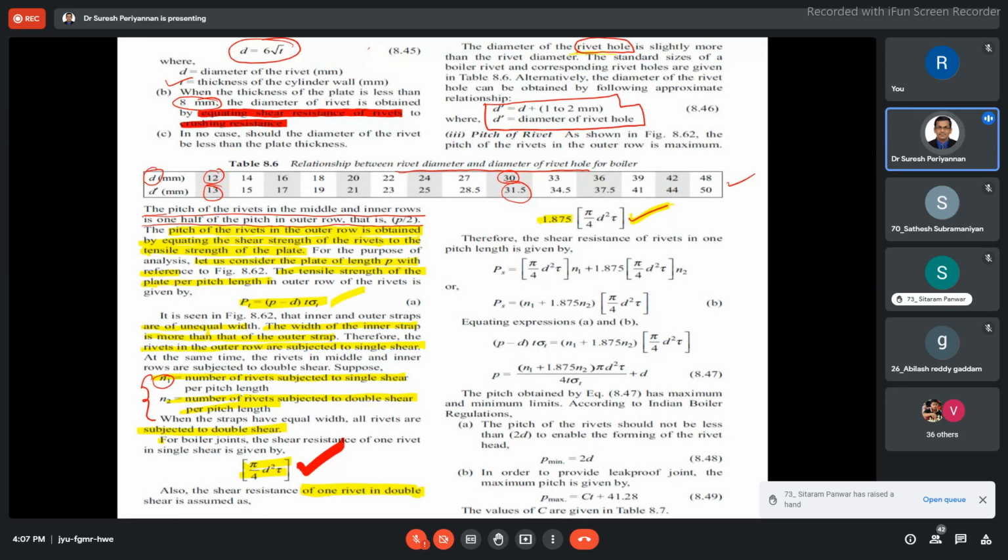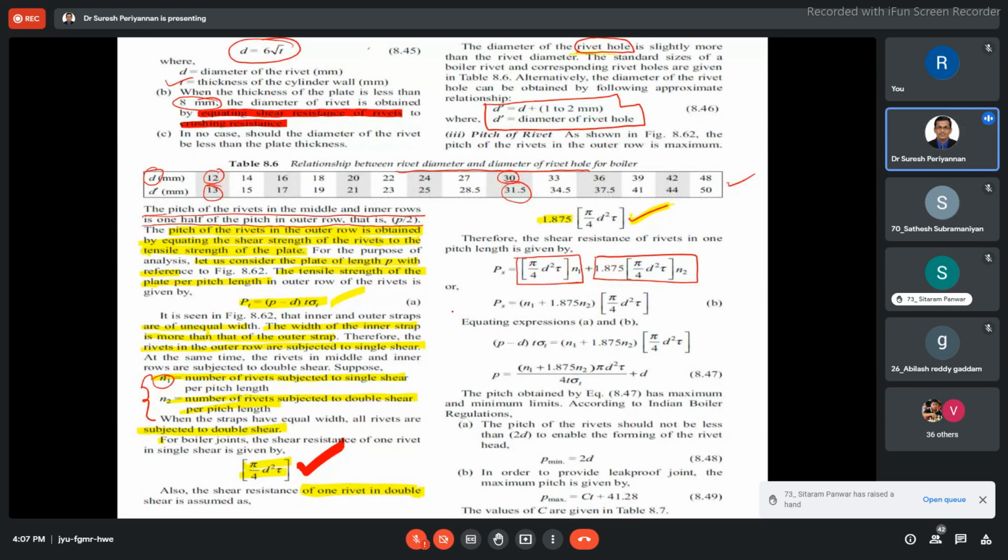Based on that, I find my shear strength by summing the shear force for the single shear rivets and for the double shear rivets. That's all. This is the shear resistance of the rivet.